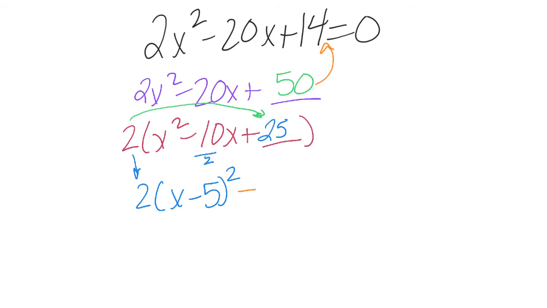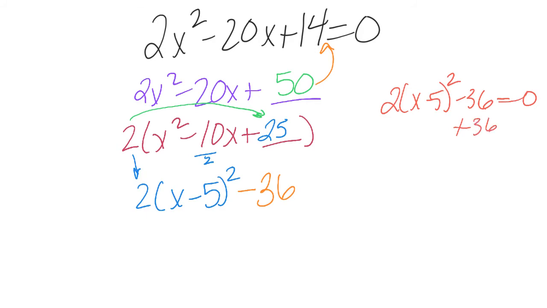I have to subtract 36. So now that I have that, I can write it out to the side: 2 times x minus 5 squared minus 36 equals 0. And I can add the 36 to both sides.